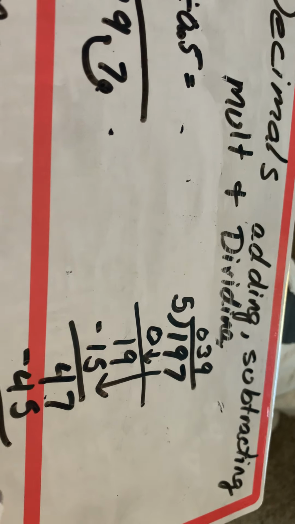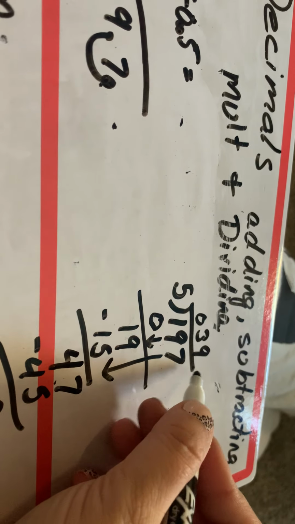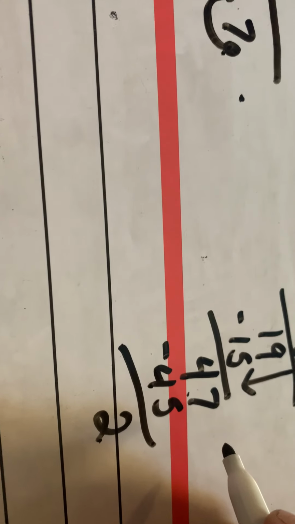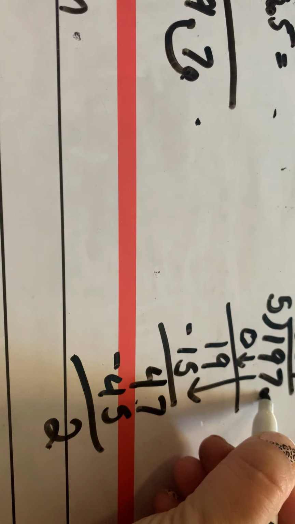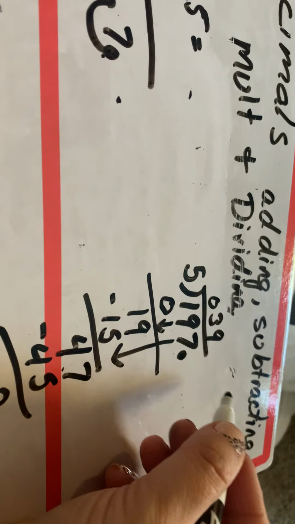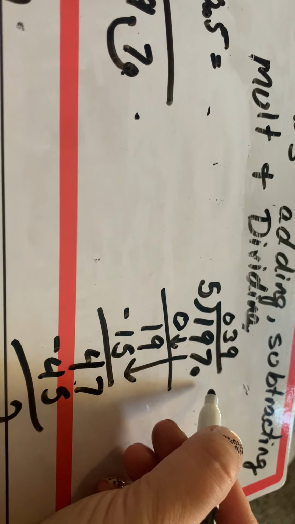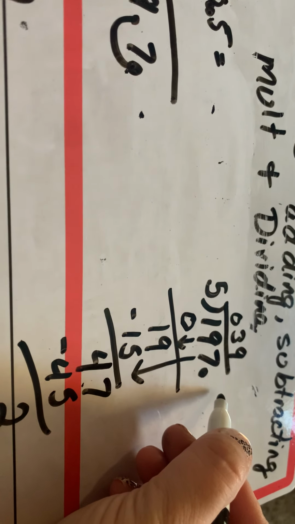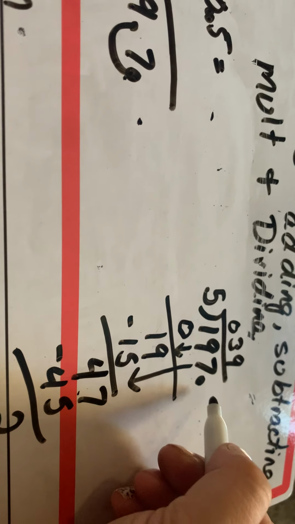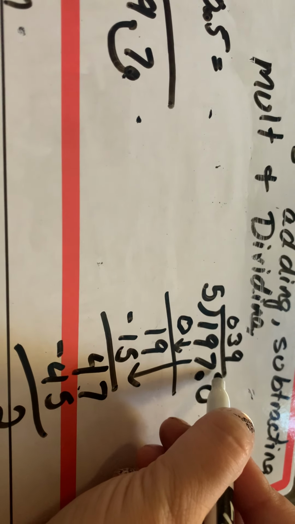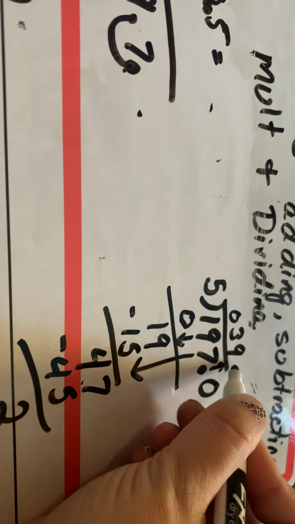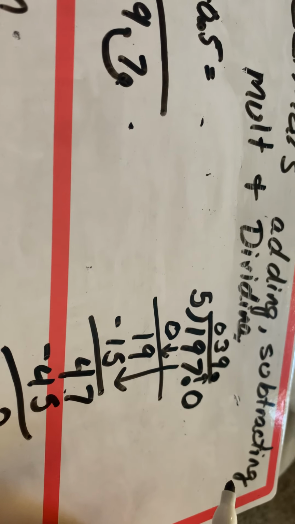Leaves us with 2. Hey, there's nothing here that I can bring down, but I got this 2 and I don't want a remainder. Well, we know that this is the decimal, right? Remember when I said you could add 0s to the right side of a decimal and it wouldn't change the number? However, if the decimal is here, I need to put the decimal here.